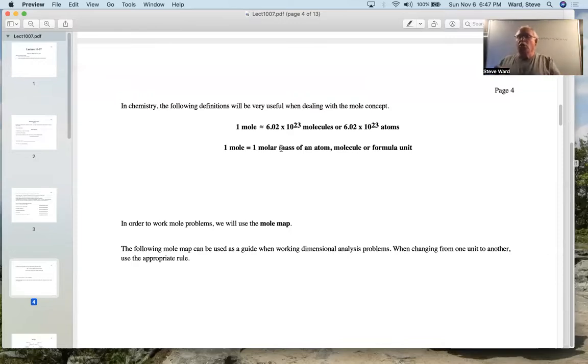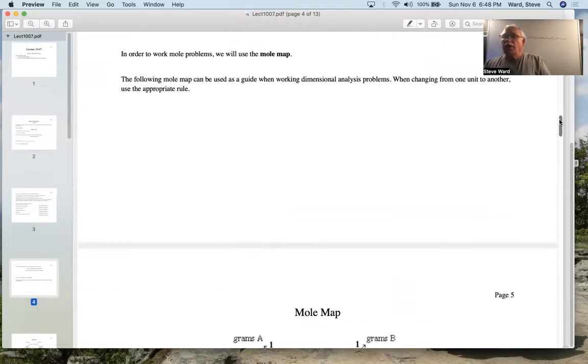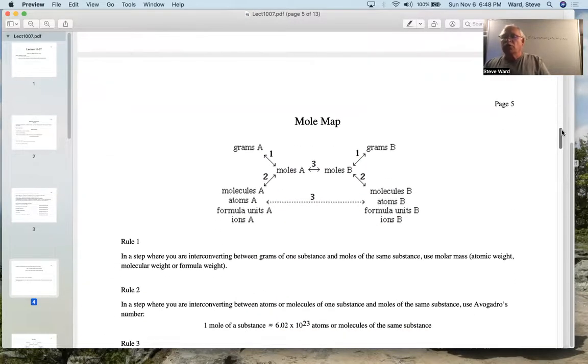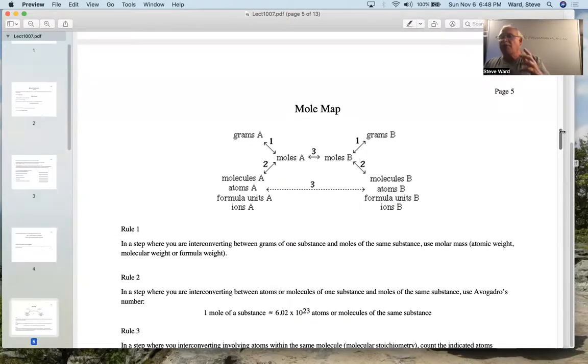Now, we're going to use these two definitions to solve some complex chemistry problems here in a little bit. I don't want you to get lost in this chemistry problem solving. It's just the use of the dimensional analysis that we've seen before. Now, in order to help us do this, we're going to introduce something on page 5 called the mole map.